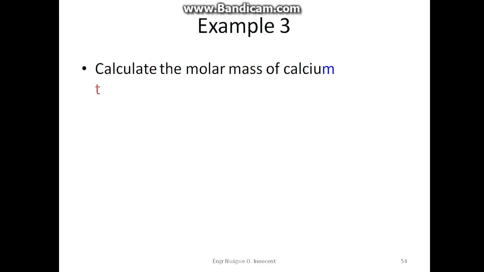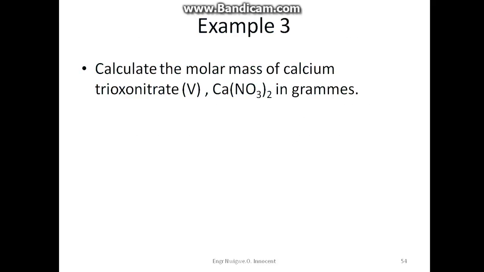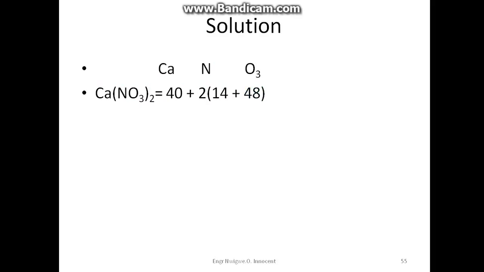Example 3. Calculate the molar mass of calcium trioxonitrate 5 in grams. Solution. Calculating the individual molar masses of the elements involved, we have calcium 40, nitrogen 14, oxygen 16 times 3, we have 48. Then times 2, since there are two of the nitrate groups, we now have 40 plus 2 times 14 plus 48.